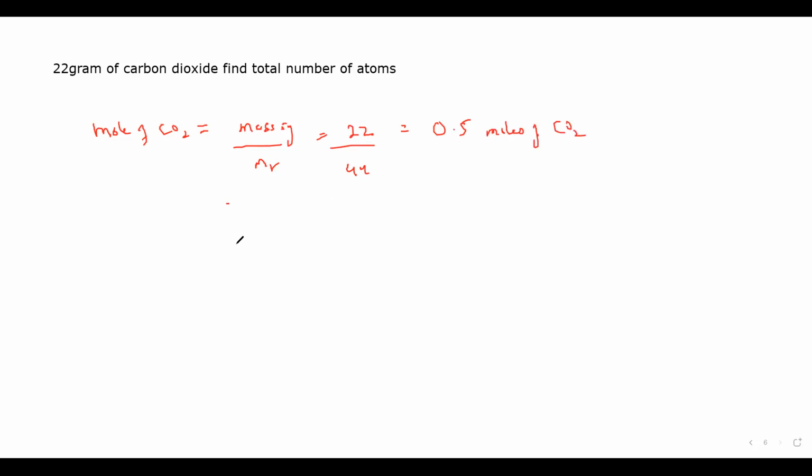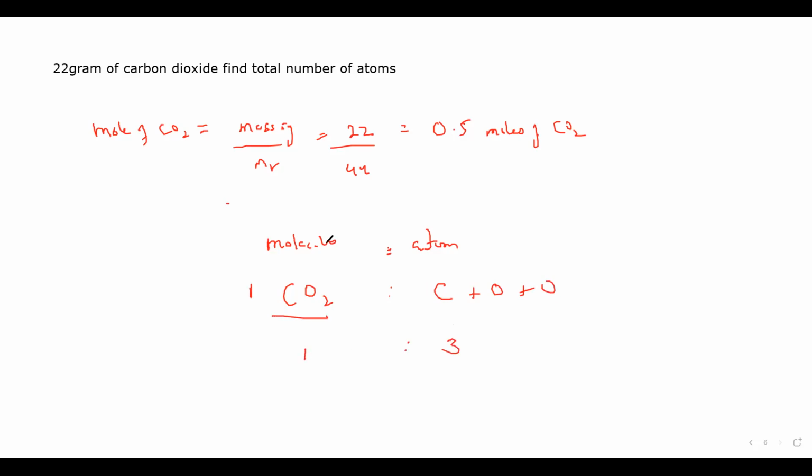But how many atoms are there? That's the question. What is the molecule to atom ratio? One molecule of carbon dioxide contains carbon, oxygen and oxygen, so basically 3 atoms.